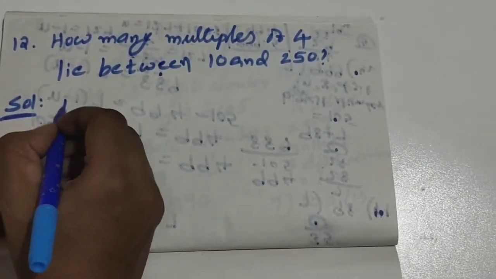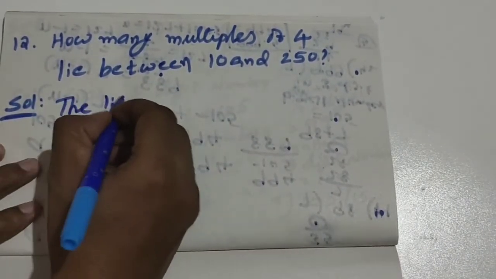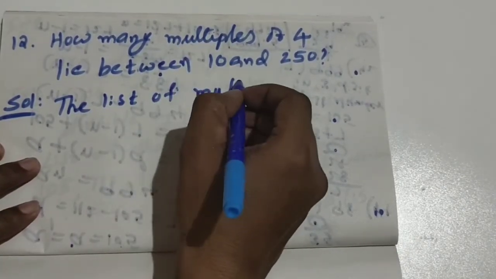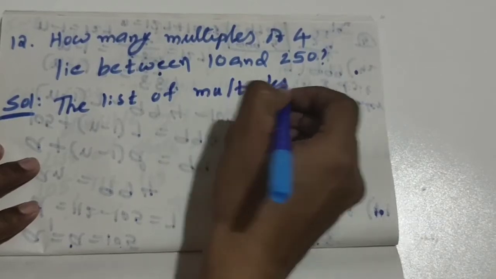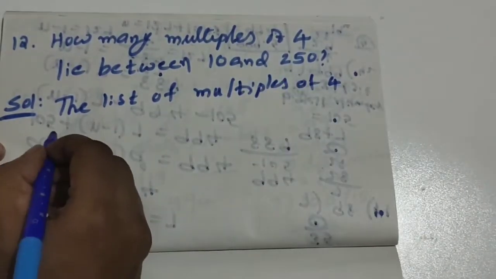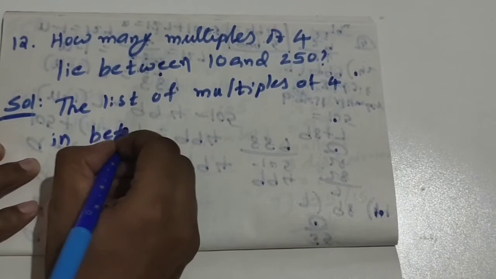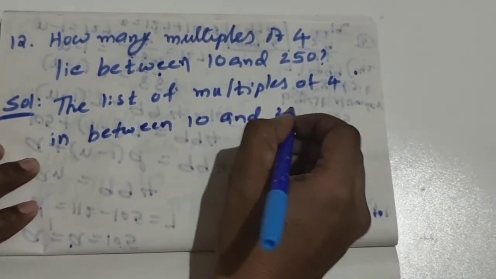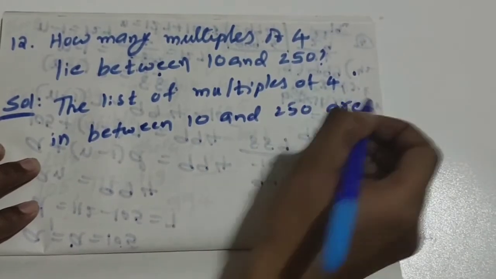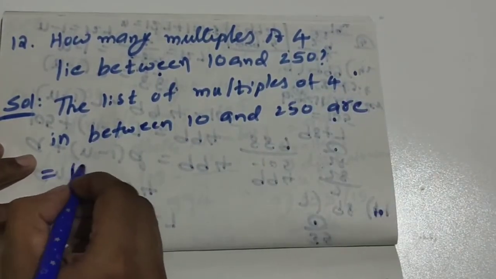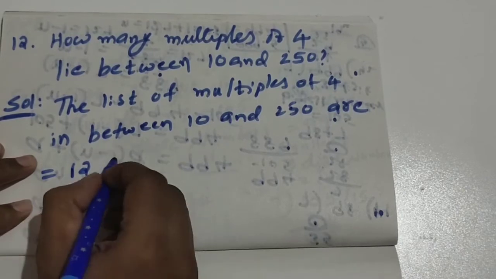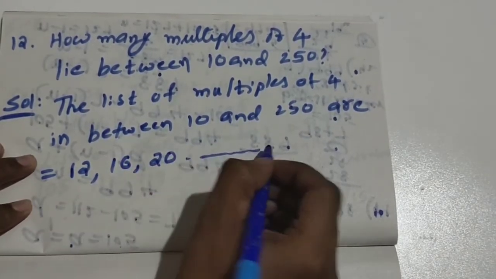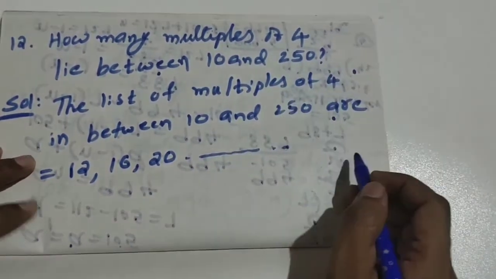So we have to write the list of multiples of 4 in between 10 and 250. Simply you can start with 12 and then immediately you can write 16 and then 20 and so on. Again we have here the last, 250.